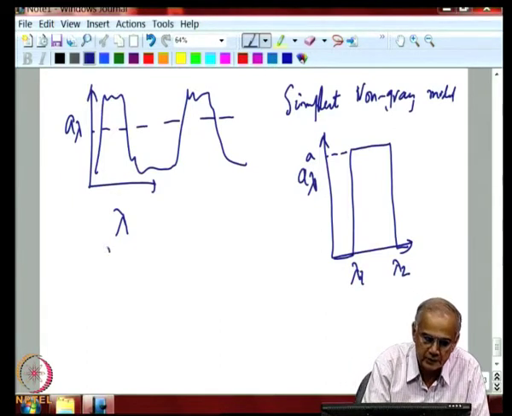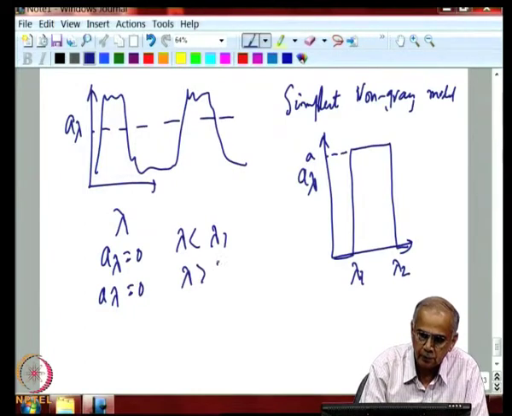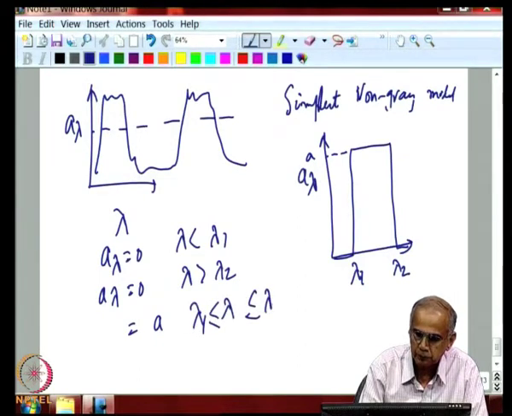So, essentially what he is saying is A lambda is 0 for lambda below lambda 1, A lambda is 0 also for lambda greater than lambda 2, and is equal to a constant value for lambda between lambda 1 and lambda 2.